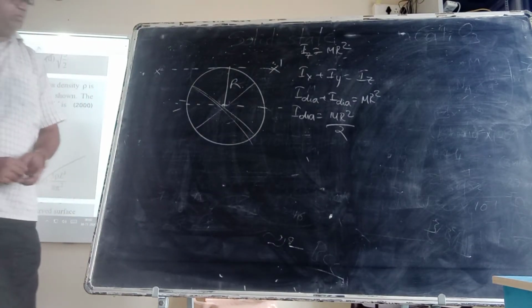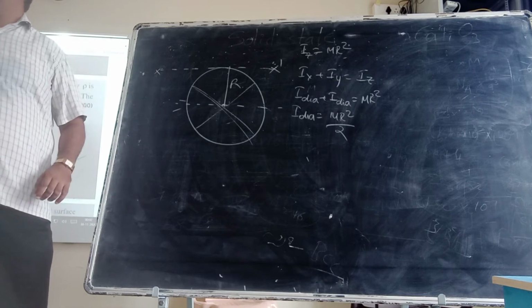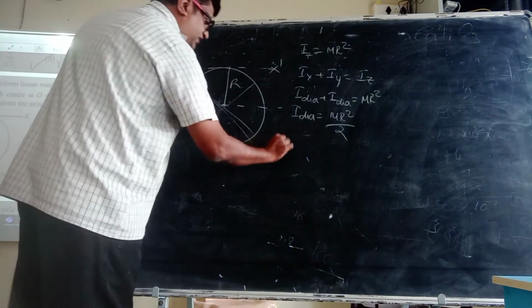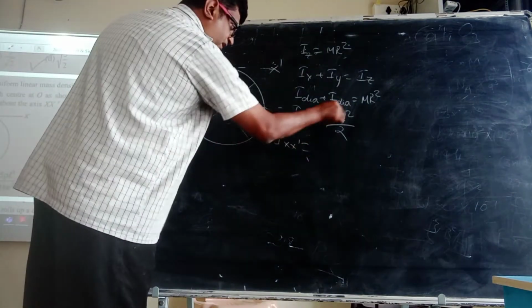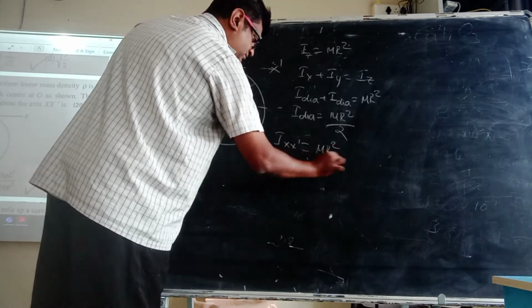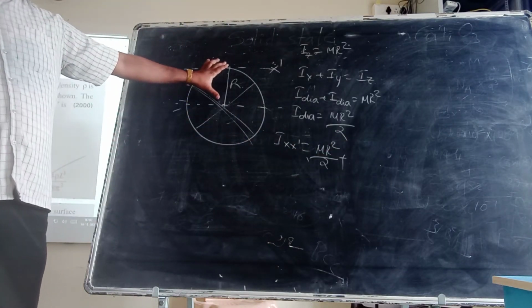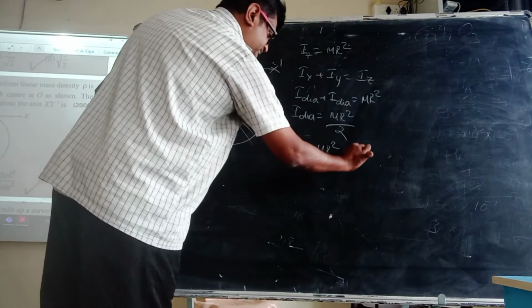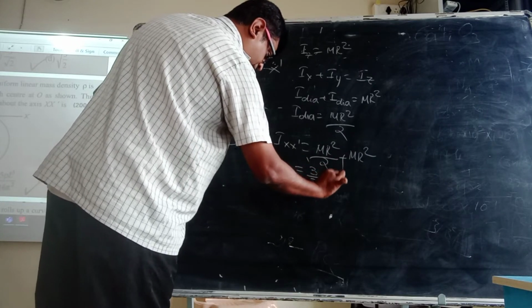Now you have found out about I dia. But where are you supposed to find? You are supposed to find Ixx dash. So Ixx dash, apply parallel axis theorem now. So I dia plus mass multiplied by the distance square. So distance is r. So mr square. So this is 3 by 2 mr square.